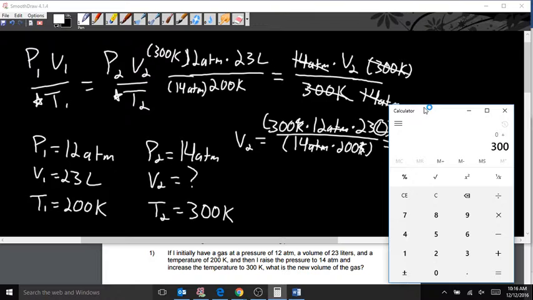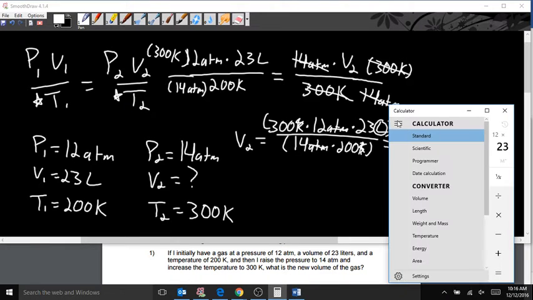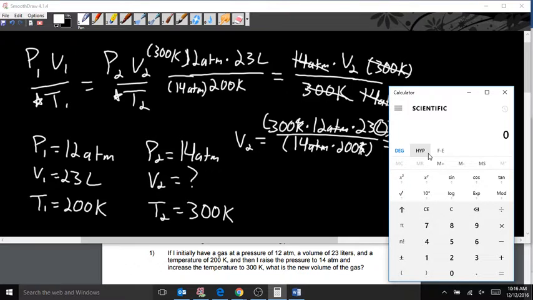All right, times 12. Times 23. Oh, there's no parentheses on here. That's scientific. And we're going to start over. All right, so 300 times 12 times 23.